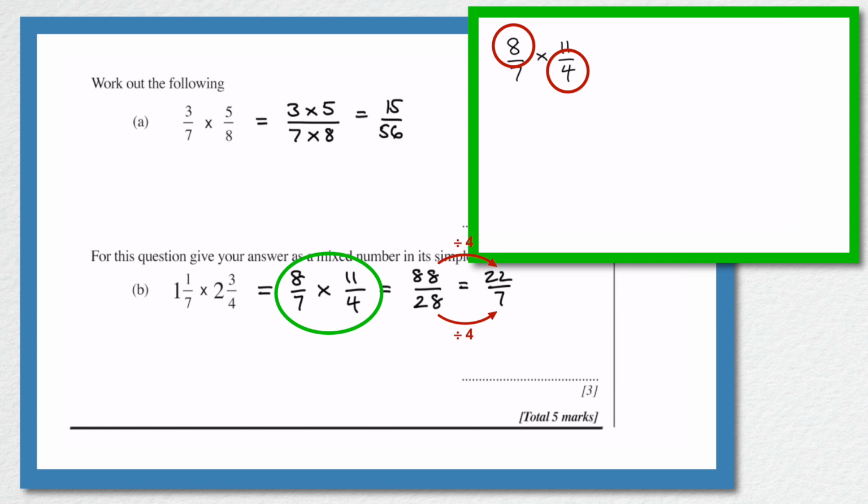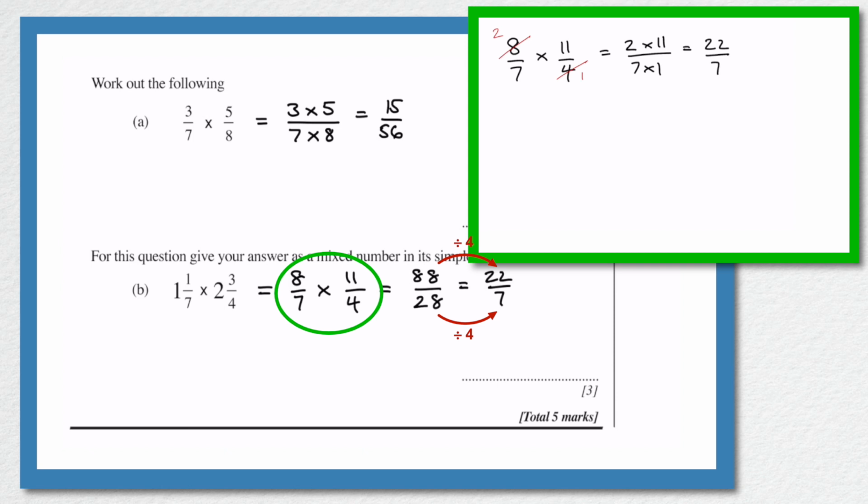Sometimes this is referred to as cancelling down. So 8 divided by 4 is equal to 2, so this becomes 2, and 4 divided by 4 is equal to 1, so this becomes 1. So we now have 2 over 7 multiplied by 11 over 1. So this is 2 multiplied by 11 over 7 multiplied by 1, which is equal to 22 over 7.